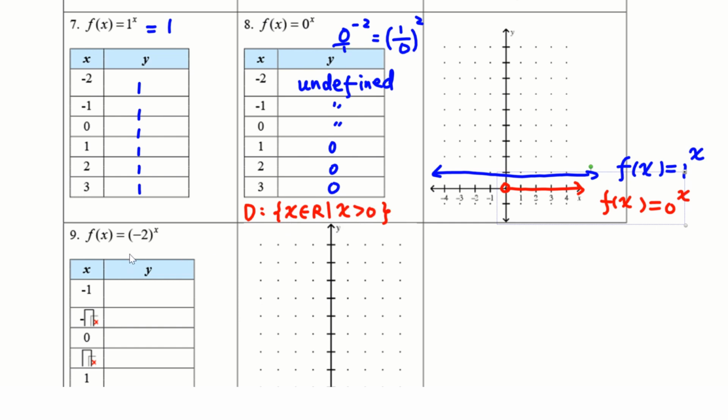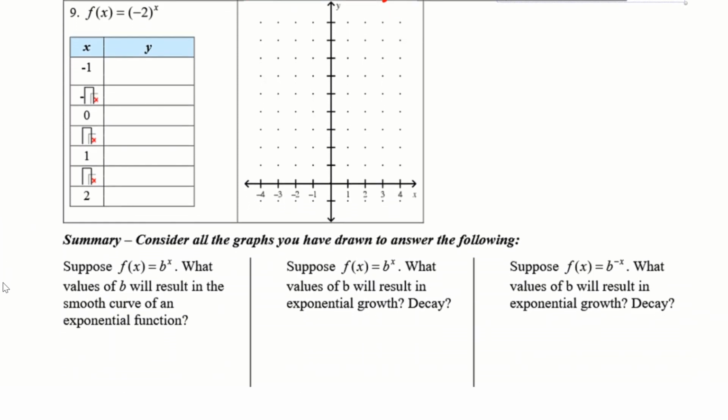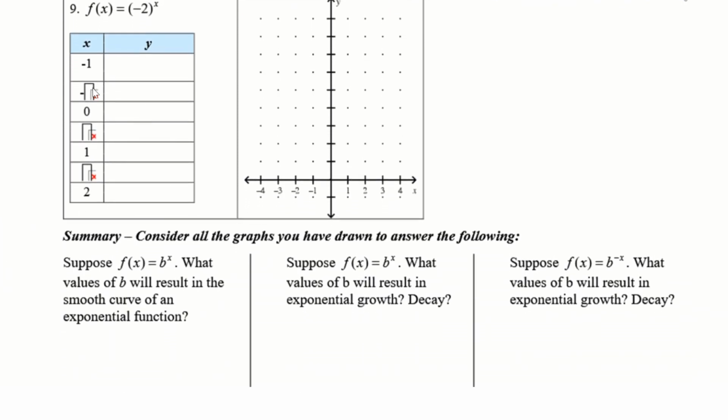Now we are going to see what if the base is negative. Here we have x values of -1, -0.5, 0.5 and 1.5. So negative 2 to the exponent negative 1 will give you the flip, 1 over negative 2.